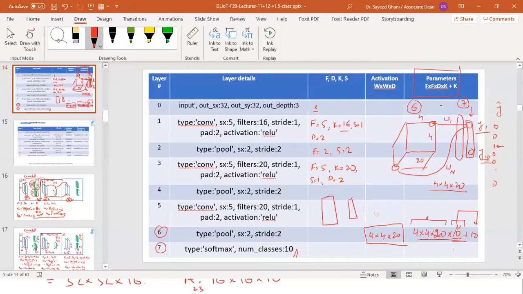So if the input was, let's say, a deer, then y3 is a deer. The y hat will say that it is a deer, nothing else.